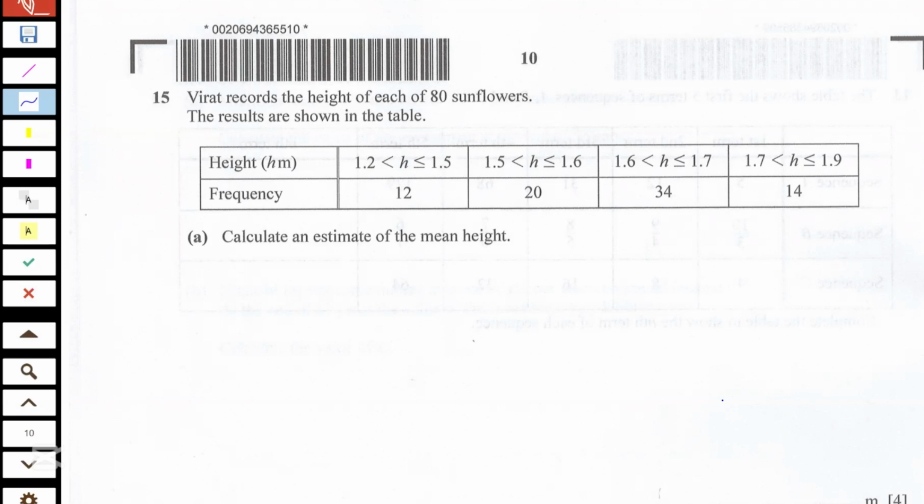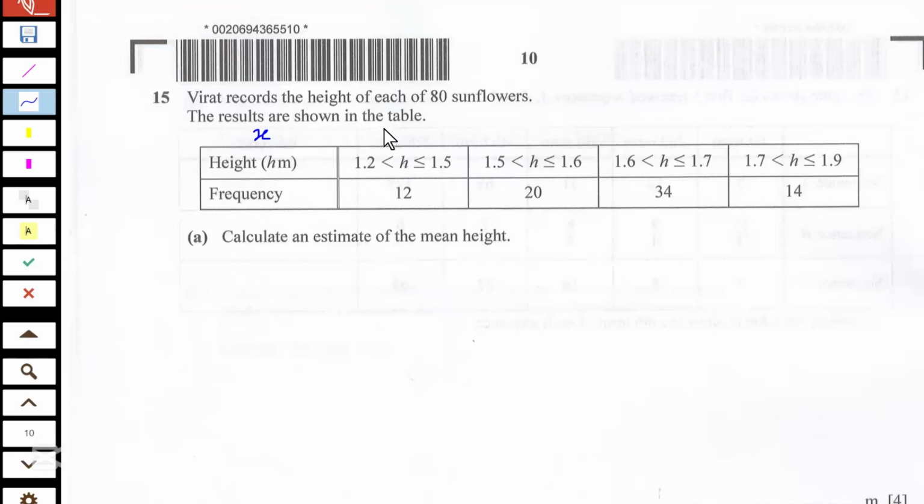To calculate an estimate of the mean height in this case, we first have to calculate the midpoint of each class interval. We're going to call the midpoint x. The midpoint means we add 1.2 plus 1.5 and divide by 2.